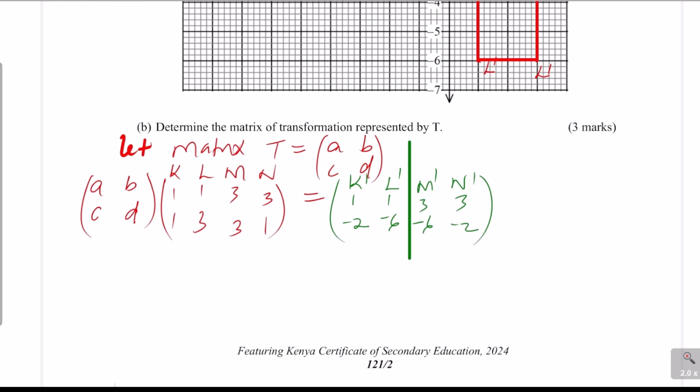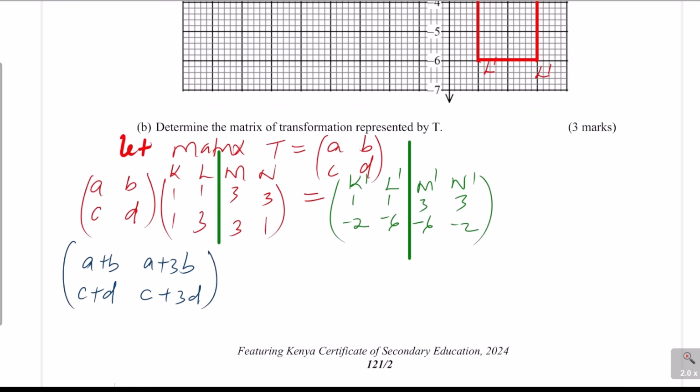So this is what you're going to do. And also for this one, we can multiply up to that point. That will still be okay. Now this is how we multiply it. Row 1 column 1 will be A plus B. Then row 1 column 2 will be A plus 3B, row 2 column 1 C plus D, then row 2 column 2 will be C plus 3D.